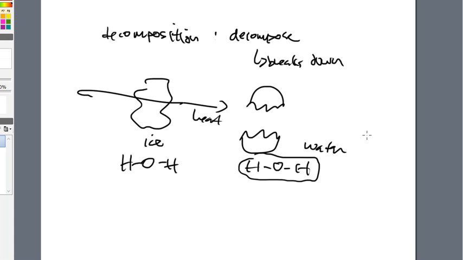Who would have thought? Okay, so what happens in decomposition, though, is that if something decomposed, I would have a water molecule, and that water molecule would be solid, and there are intermolecular forces there. As we begin to heat, those intermolecular forces begin to break down, just like normal. So I start to see some movement, maybe a liquid form. But at the same time, what could happen here is chop, chop.